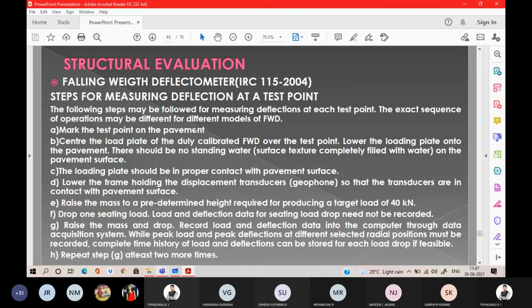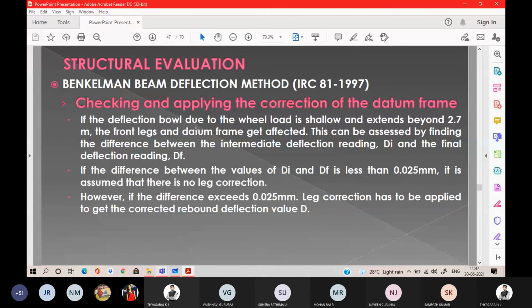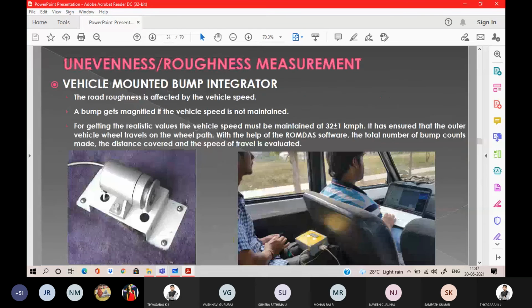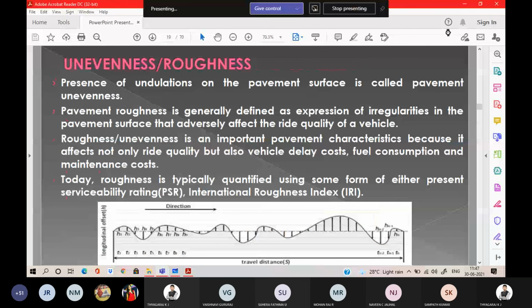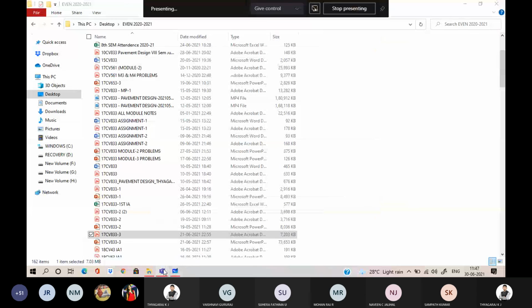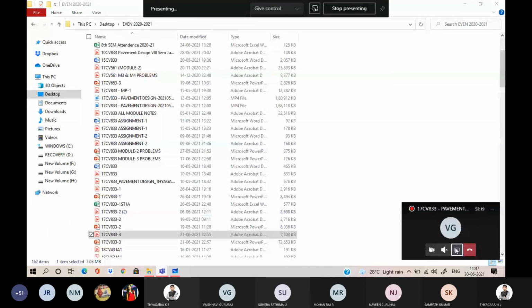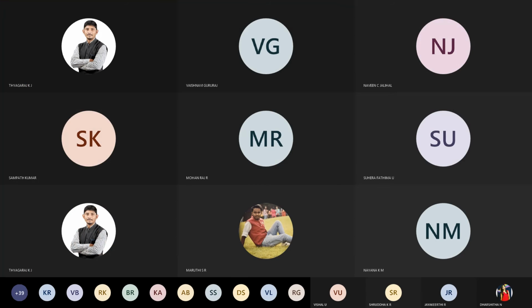Other than this, I hope everyone has solved the problem in the second module. Yes or no? Yes, sir. Then any doubts in this question paper, or any objections, you can ask me. Sir, diagram not written, sir. Which one?